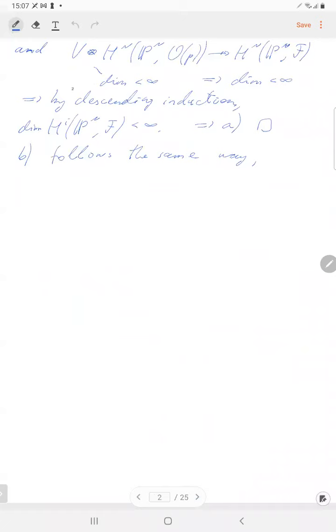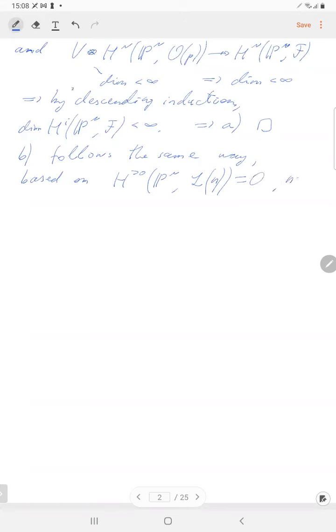Okay, so the proof for B goes the same way, based on this fact for invertible sheaves. So the higher cohomology with coefficients in a line bundle, let me call it L, if you twist it sufficiently, then we'll get 0.